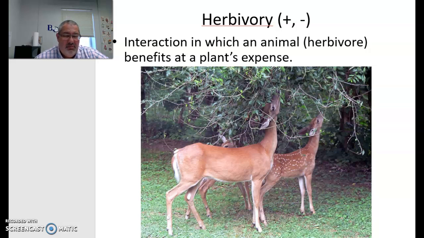You might think of an animal eating a plant and the plant containing some poison or toxin. It maybe makes the herbivore sick or might even kill it. So it might be possible that herbivory can sometimes not benefit the herbivore, but it could benefit the plant or the prey. So there's other ways of thinking of herbivory than just benefiting the predator and being negative for the prey.